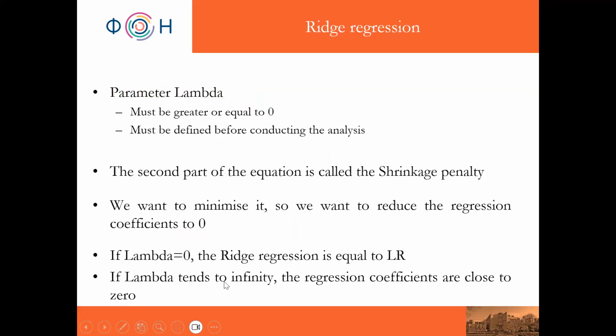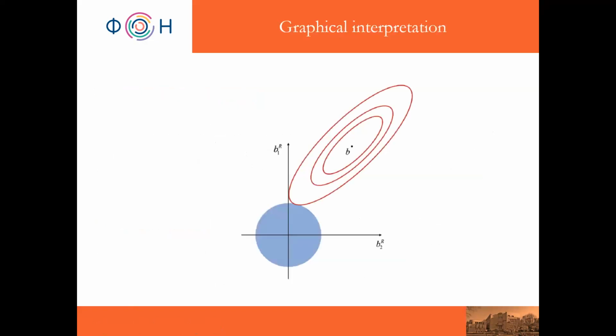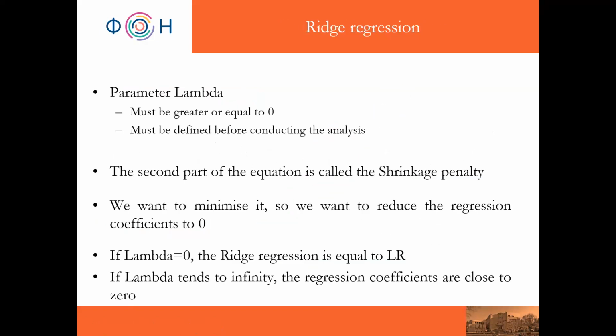If our lambda tends to infinity, so as we increase our lambda, all our regression coefficients are going to become close or equal to 0. So it is tricky to find a good value of our lambda. If we increase our lambda, all our coefficients are going to become 0.